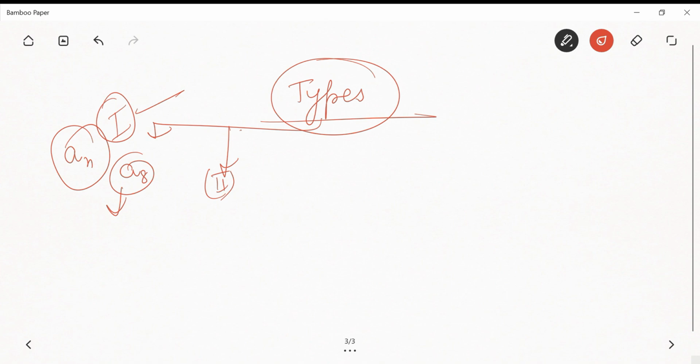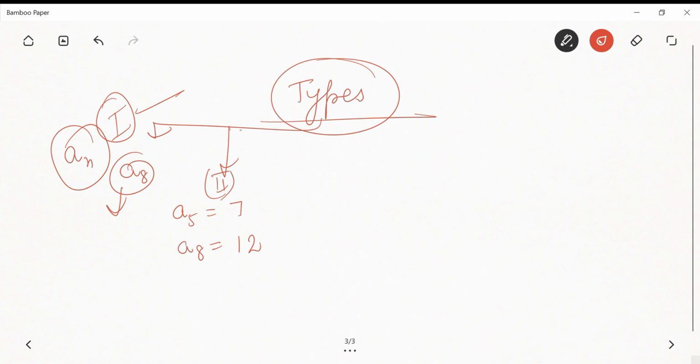If the question says that the fifth term a5 is 7 and the eighth term a8 is, let's say, 12, then you have to find the values of a and d.